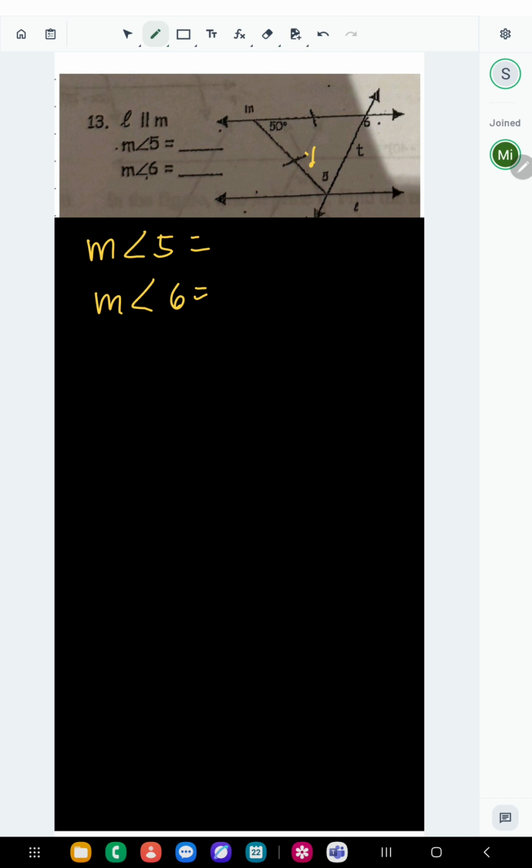Now let's solve for angle 5. So that's 50, and the measure of the angles in a triangle is equal to 180. So that is 180 minus 50 degrees, which is 130.